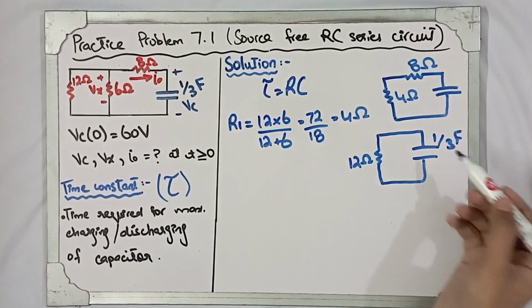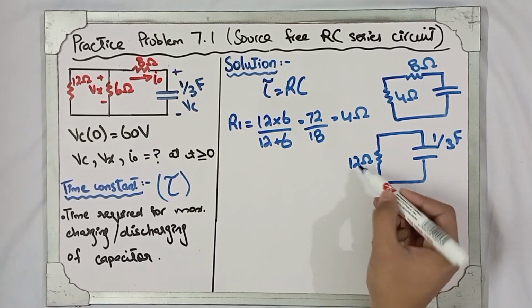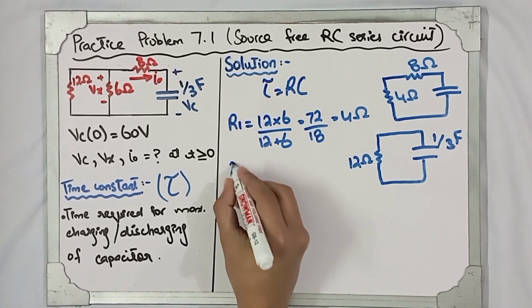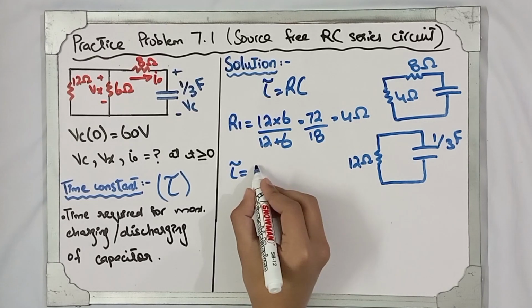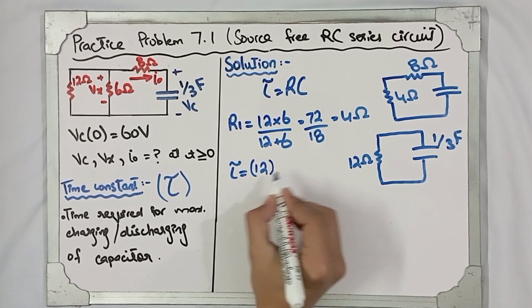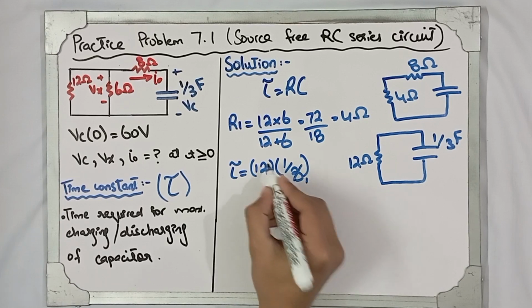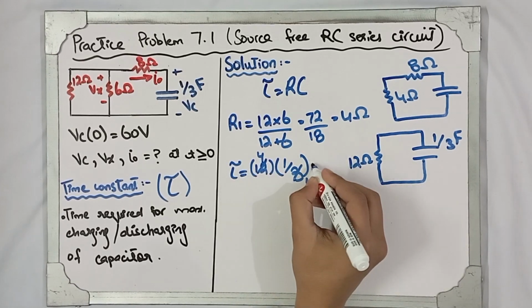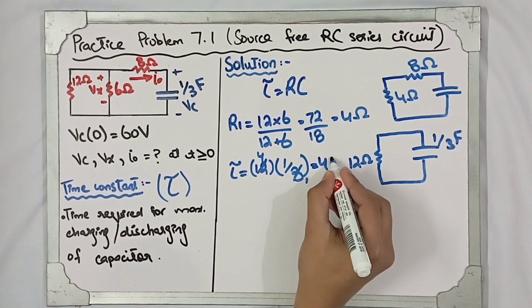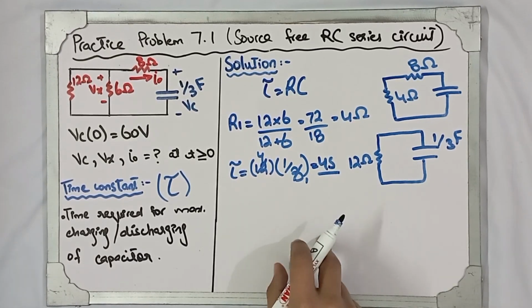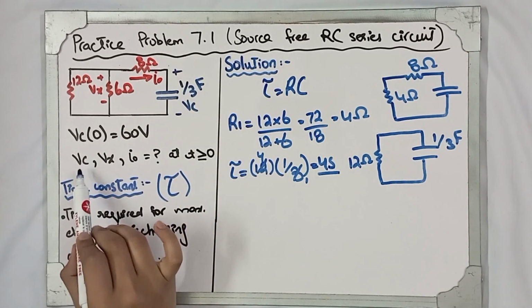So here we have an RC series circuit, right? So we can put the values in the equation of the time constant. Tau will be equal to 12 multiplied by 1/3, so our time constant will be 4 seconds, right? Now we will put this value in the equation of the capacitor voltage Vc at time t.